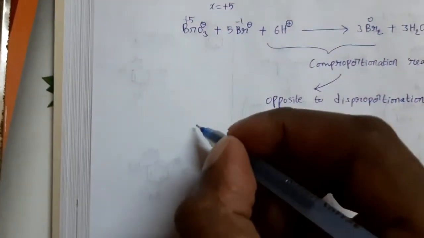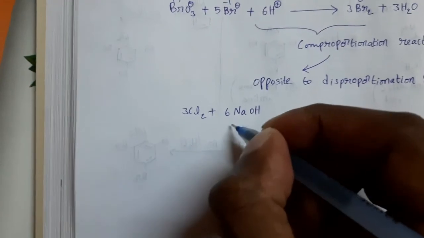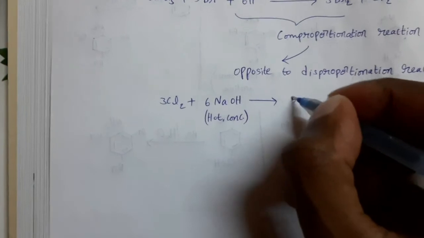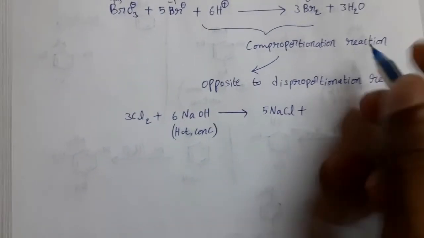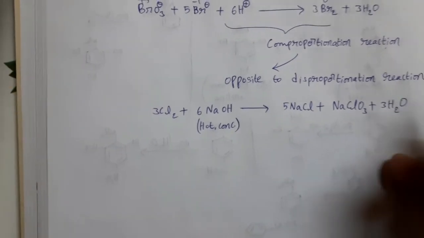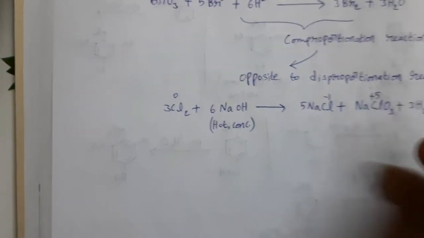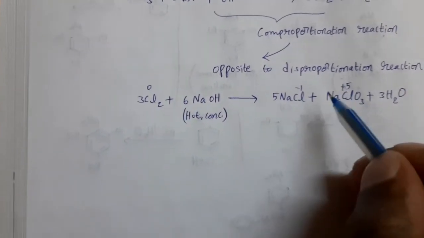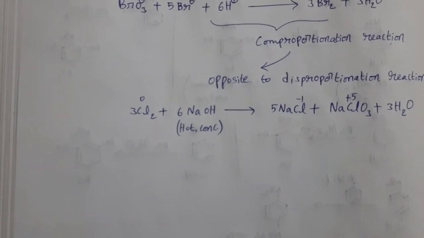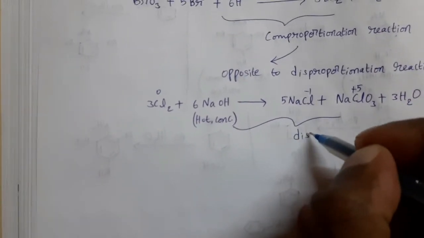For example, 3Cl2 plus 6NaOH, hot concentrated, gives 5NaCl plus NaClO3 plus 3H2O. Oxidation state 0, here -1, here +5. The same element undergoes both oxidation and reduction in the same chemical reaction, that is called disproportionation reaction.